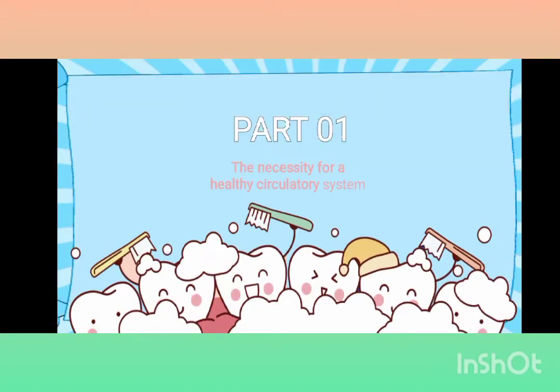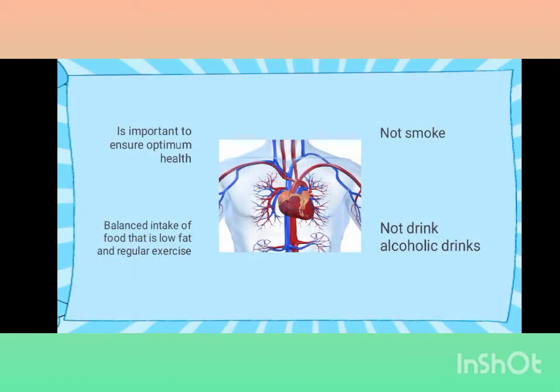Part 1. The necessity for a healthy circulatory system. A healthy circulatory system is important to ensure optimum health. How do we ensure that our circulatory system is healthy?